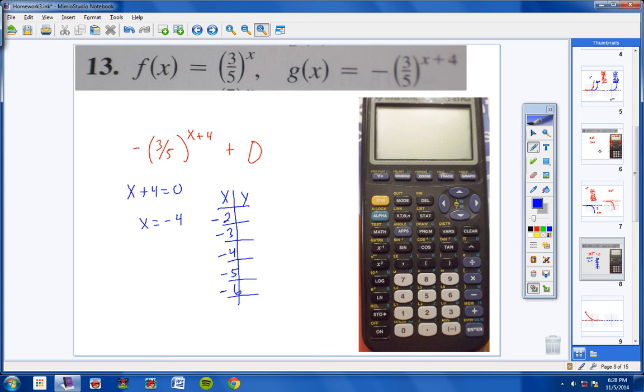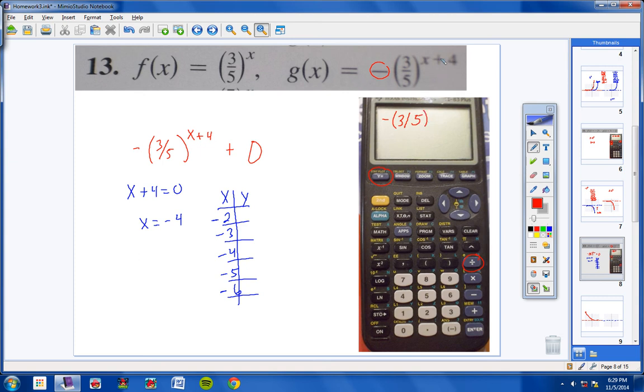Now, here's how you would type this function into your calculator. You would hit y equals like usual, and then type in a negative sign, then parentheses, then 3, then divided by 5 here, and then close the parentheses.